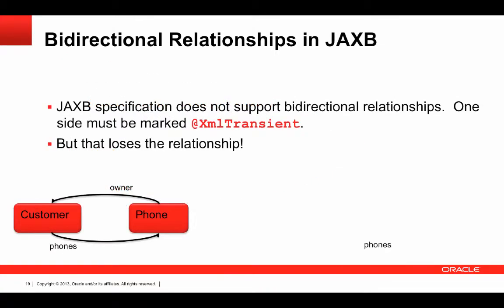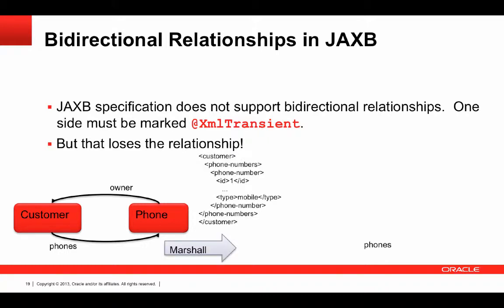Now, when I take the same set of objects and try to map them or bind them into XML, I have a customer with my relationships. And when I marshal that into XML, I get a nice looking document like this, a customer with a set of phone numbers. And in there I have each of the types for phone number with their ID. And this looks as I expected.